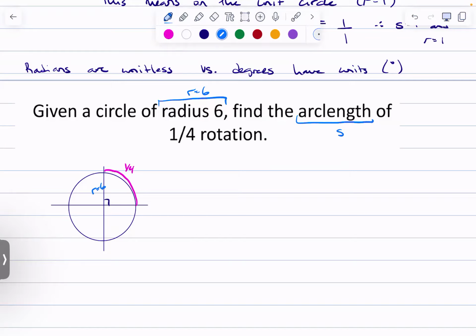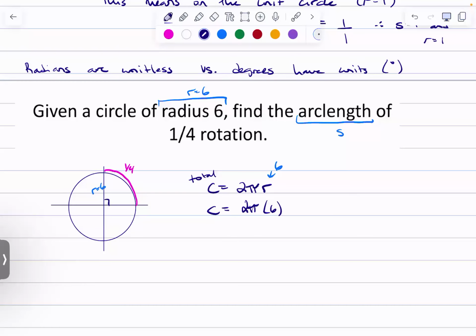Now, there's a couple of different ways that you could do it. But I think my way is going to be to take the total circumference of a circle with radius 6 and then divide it into a quarter. So I'm going to start with the circumference, which is 2 pi r. And then I'm going to let r be 6, which means the total circumference is 2 pi times 6.